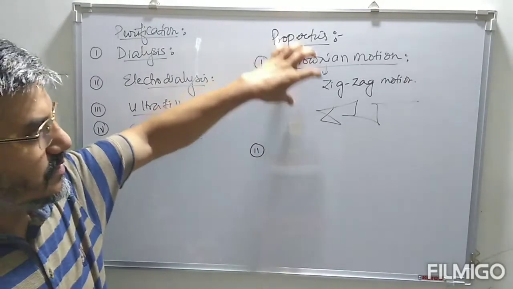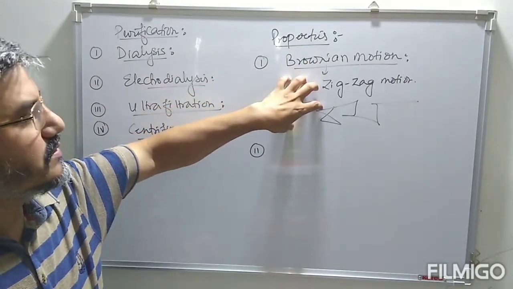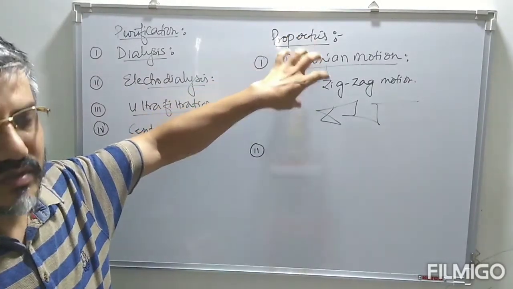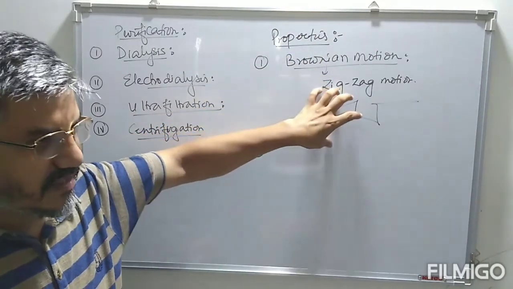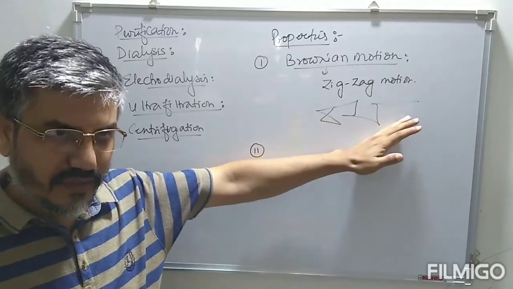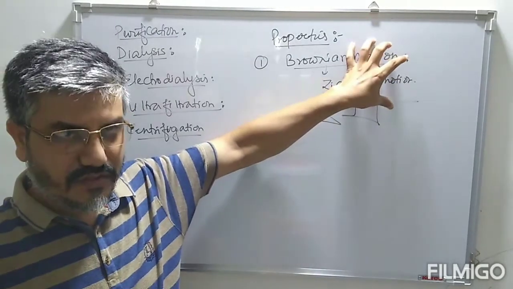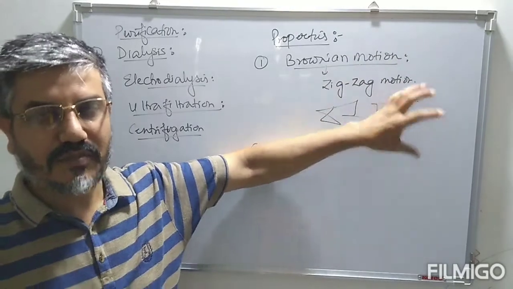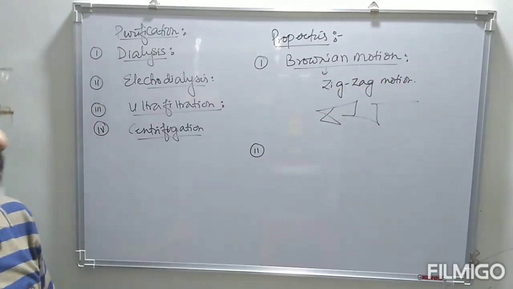So I have given you the cause of Brownian motion, that is unbalanced or unequal bombardment of the particles of colloidal solution by the particles of dispersion medium.